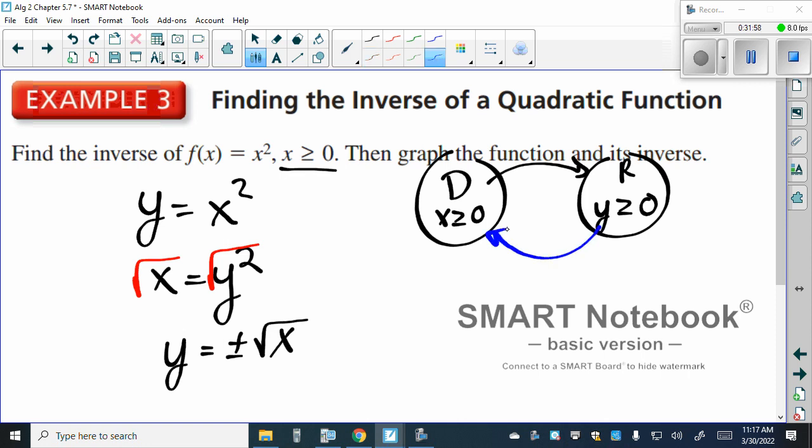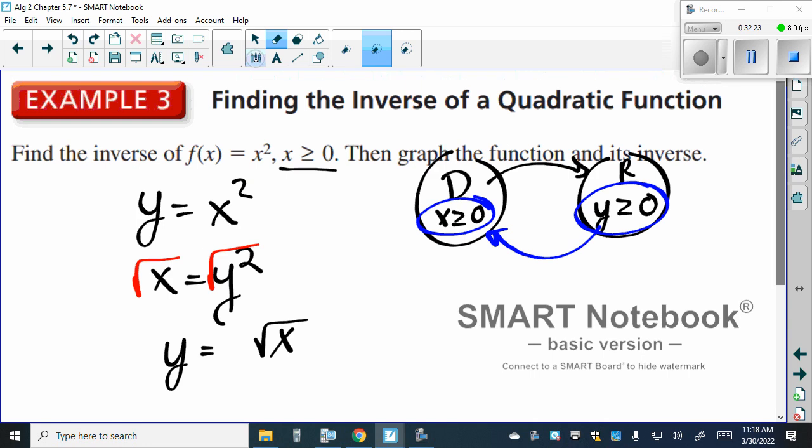And if we're flipping it, going the other way, for the inverse, what does that tell me about all the values of y? They all have to be positive, yes? And all the domain has to be. So is there any way that that could be negative? Well, no. So that's why for this here we don't have to include the plus or minus because it has to be positive. We're taking positive to positive values.